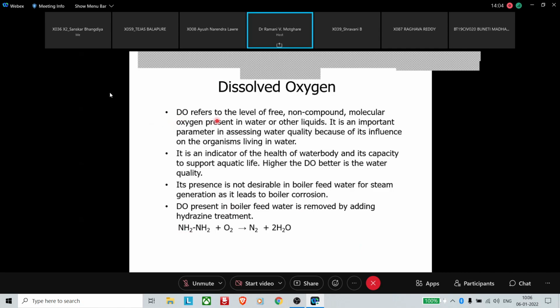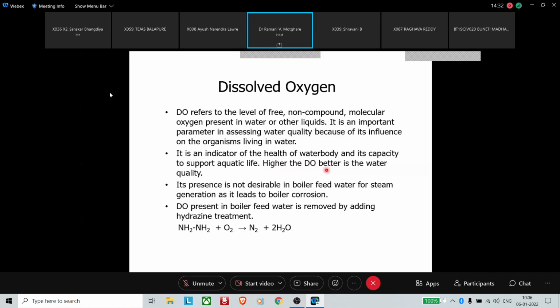Dissolved oxygen refers to level of free, non-compound molecular oxygen present in water or other liquids. It is an important parameter in assessing water quality because of its influence on the organisms living in water. Okay, so it is an indicator of the health of water body and its capacity to support aquatic life.